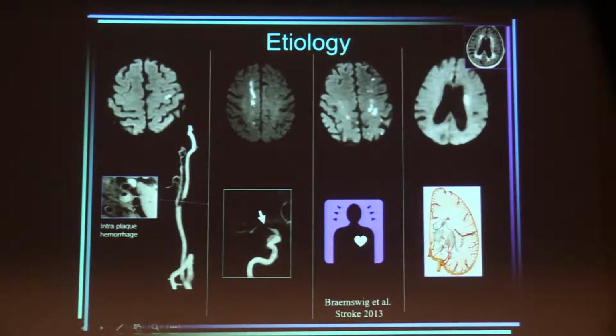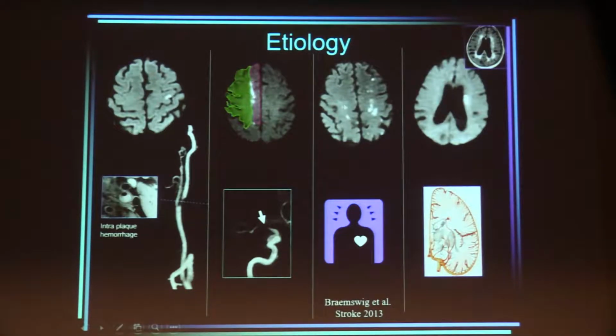When you see this type of lesion, which is at the border of two arterial territories, the anterior cerebral arterial territory and the MCA territory, this is what we call a junctional stroke, at the border of these two arterial territories, related to this high-grade intracranial stenosis.